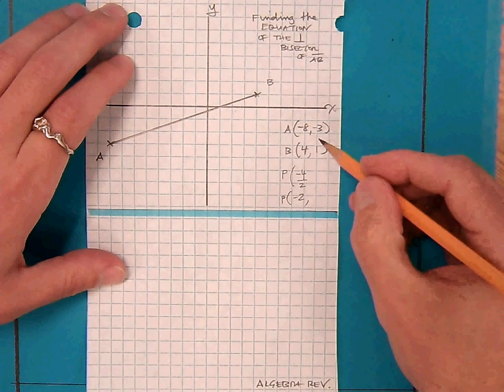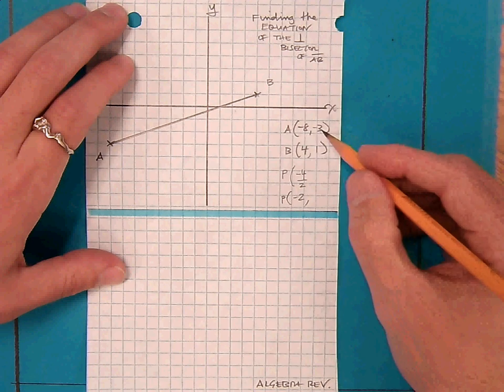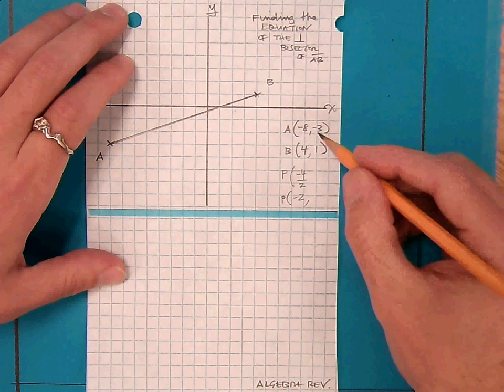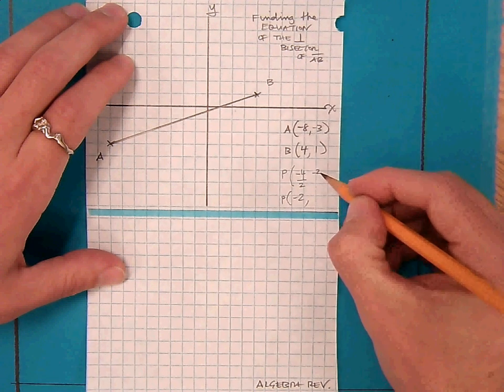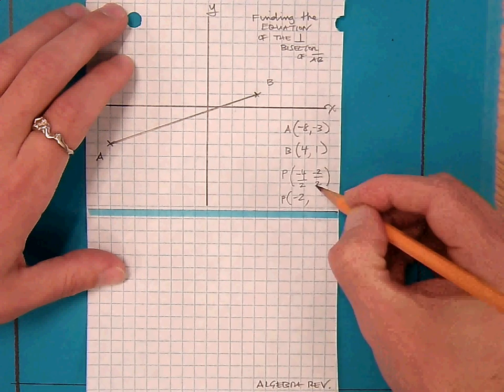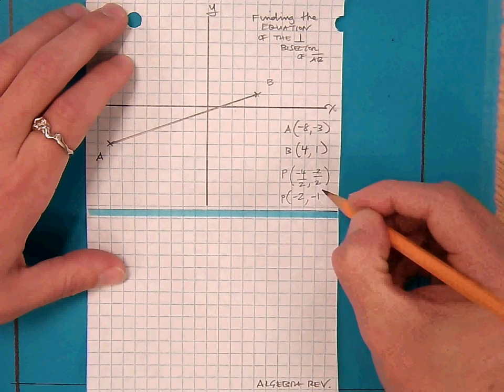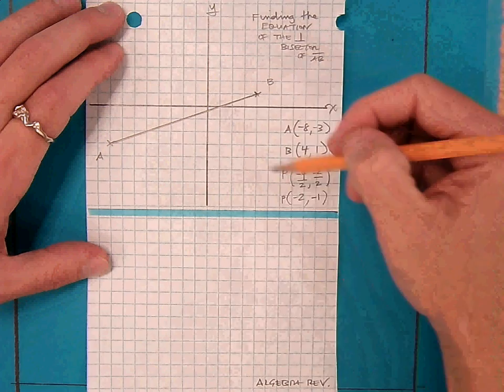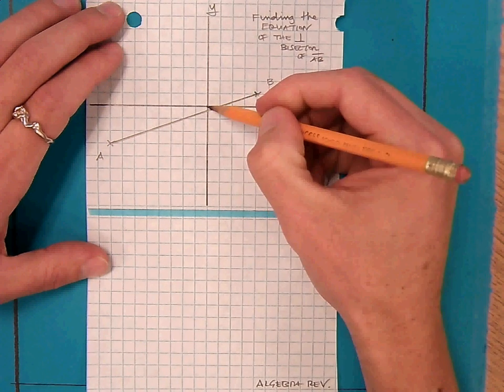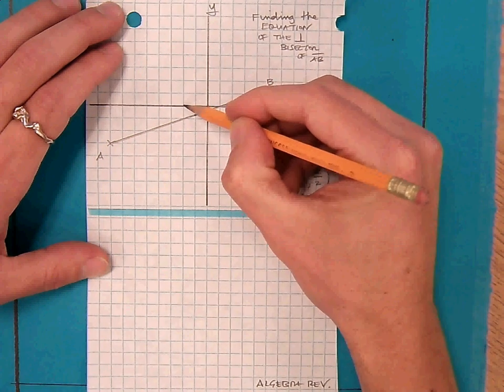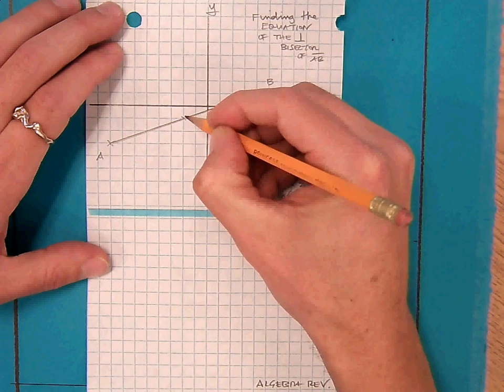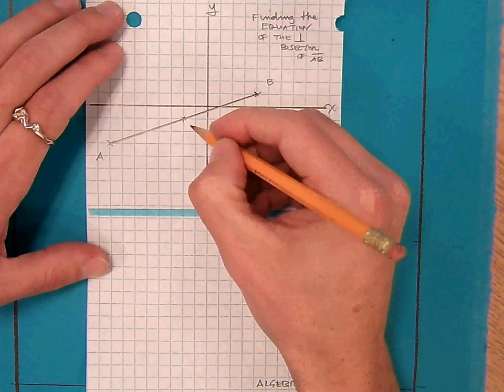Same thing for the y's, add up. You get how much? Negative 2. Divide by 2. That's the average, and we get negative 1. So, if we now take the coordinates for P, from the origin over 2 to the left, down 1, we get our midpoint. Call it P.